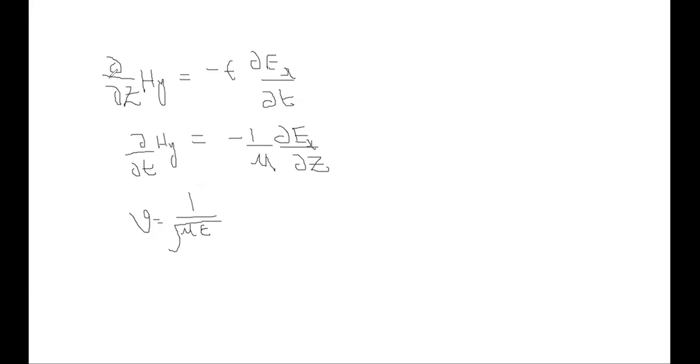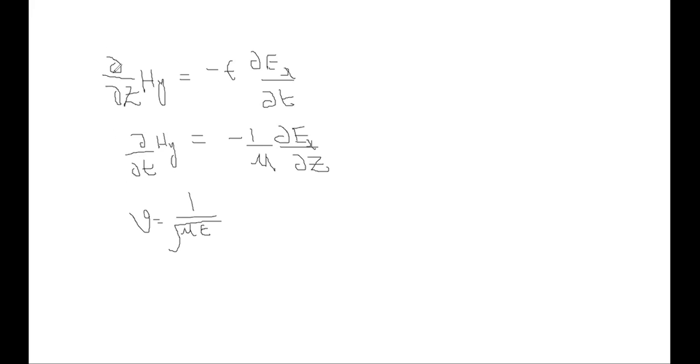You can take dou by dou t of dou Hy by dou z, which is equal to epsilon into dou square Ex by dou t square. So one time we multiply by dou by dou t, and it becomes dou square Ex by dou t square. In the second equation you can apply the derivative with respect to z, dou by dou z. It becomes dou square Ex by dou z square.